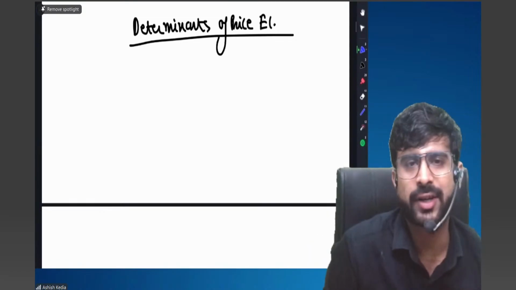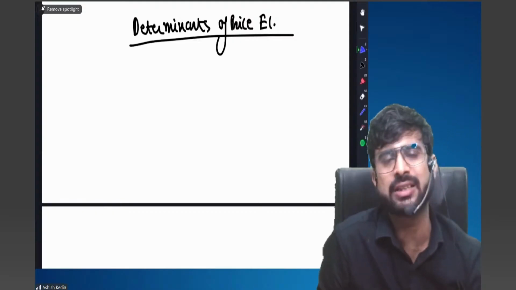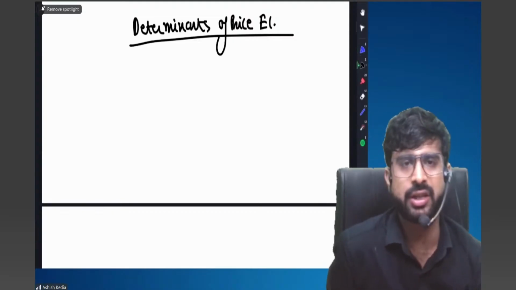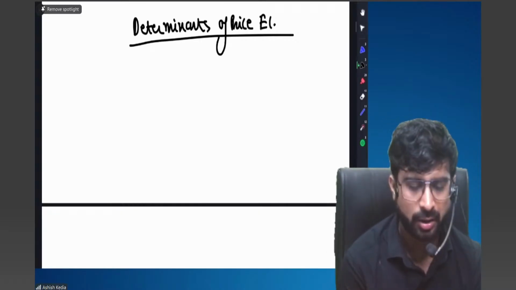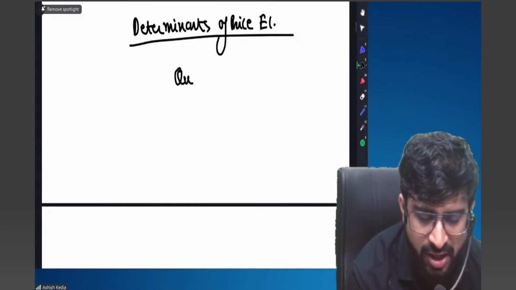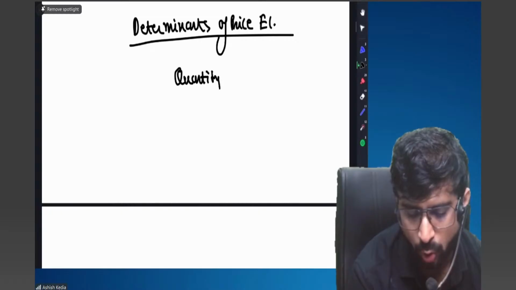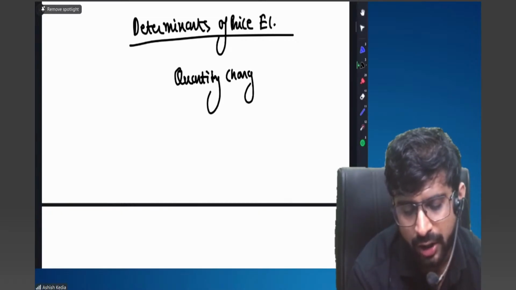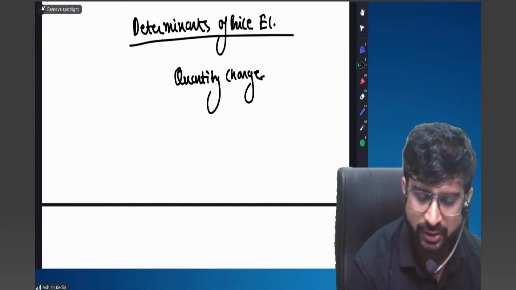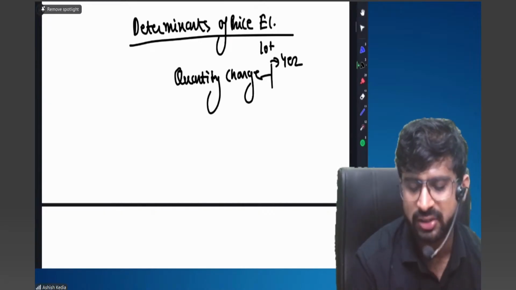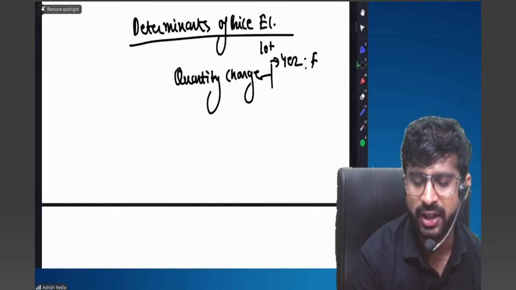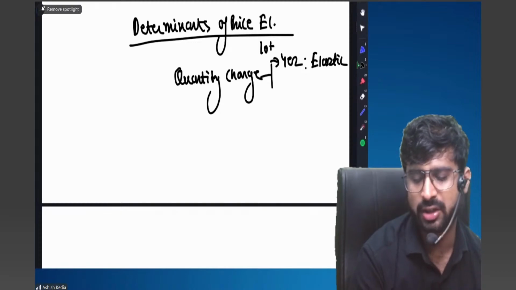So, Akshit, as far as price elasticity and its determinants are concerned, it's rather an easy area. See, my trick is very simple. I'm giving you a trick. Can quantity change a lot in respect to price? If your answer is yes, if quantity can change a lot, then we call it elastic, a situation of elastic demand.